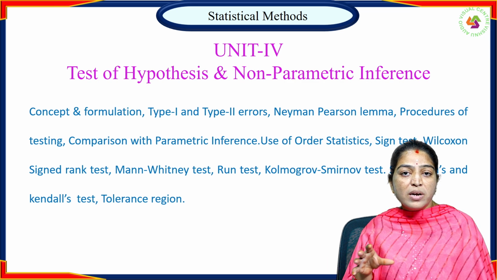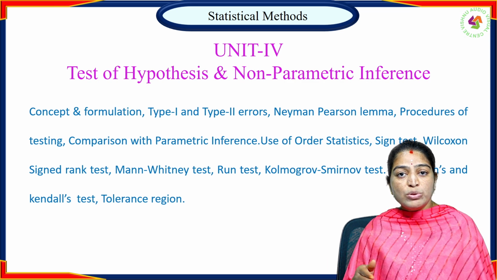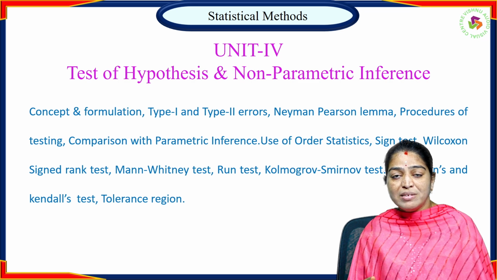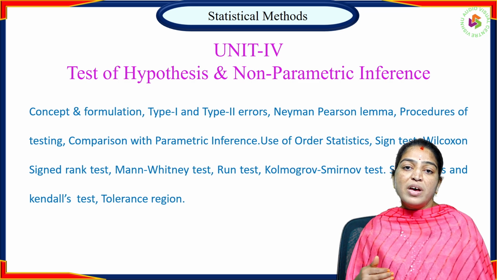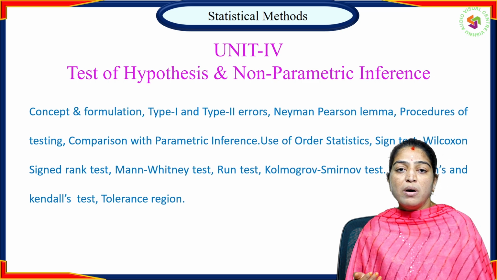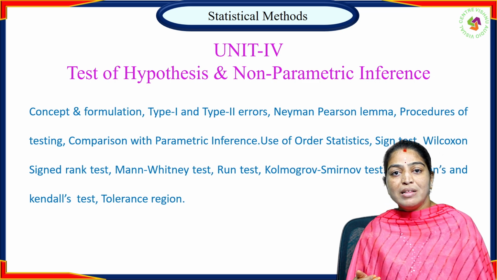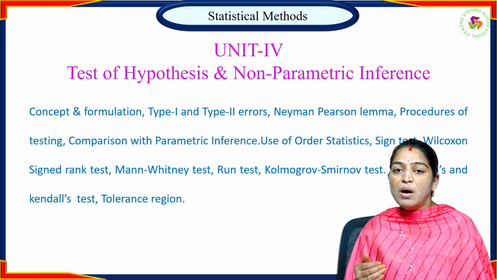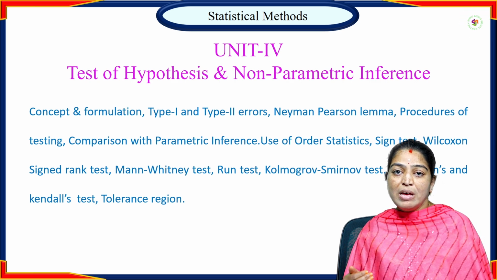All that part comes under parametric inference. Through this inference and by applying the testing of hypothesis procedure, we give a conclusion on whether it is going to be accepted or rejected, based on the test of hypothesis concept.